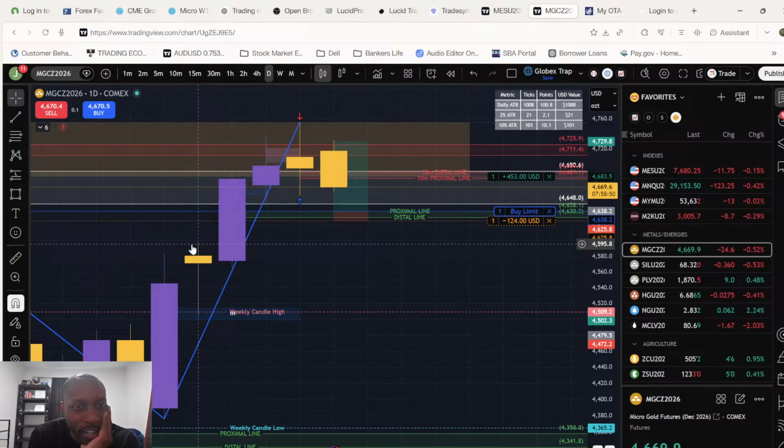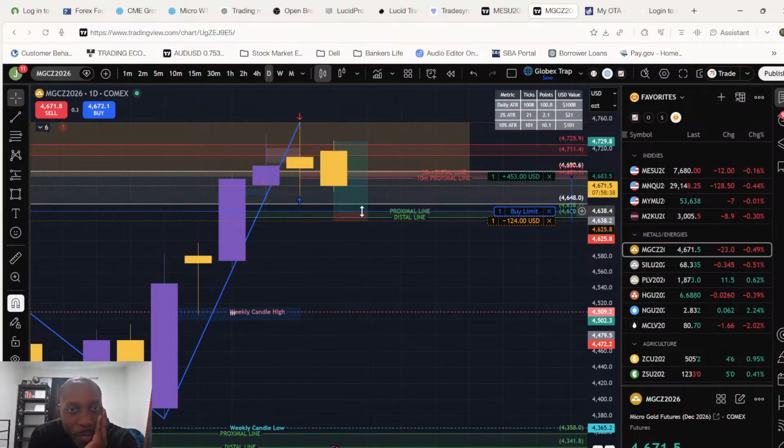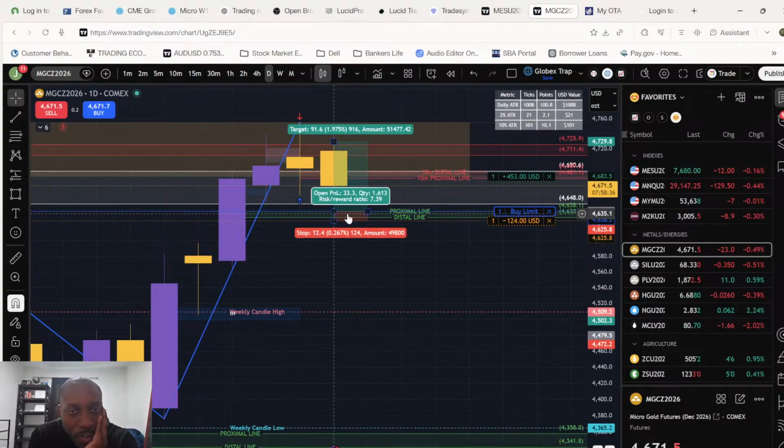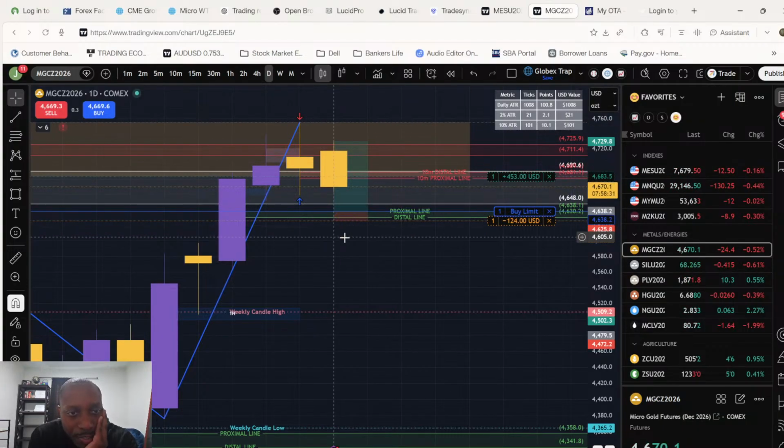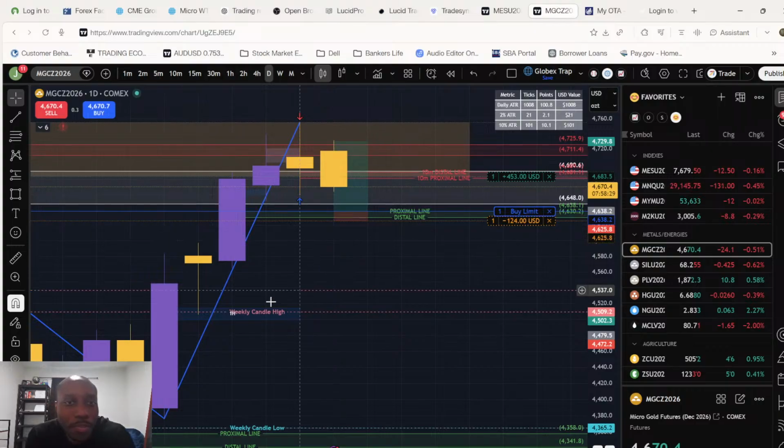Because even on a day here, we got a gap here to here. There's a gap. So this demand zone that I have marked up is within a daily gap. So I do kind of like this going bullish within this gap.